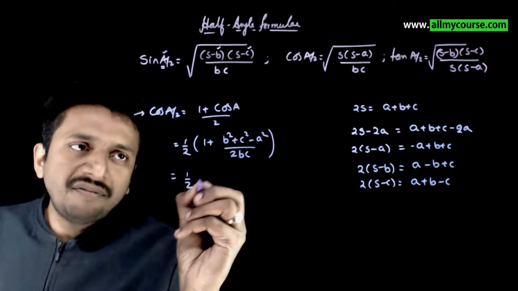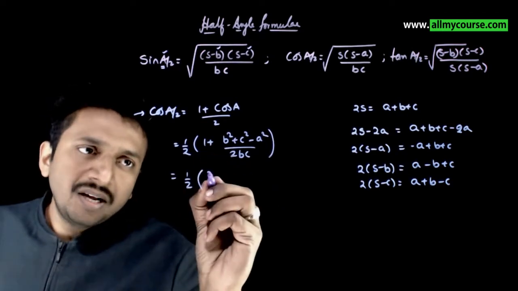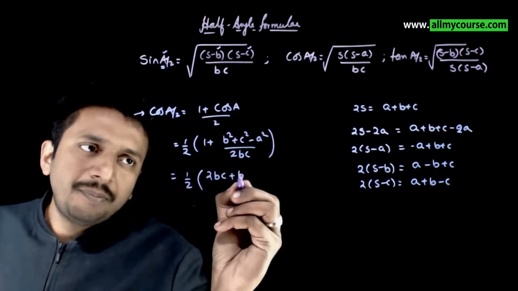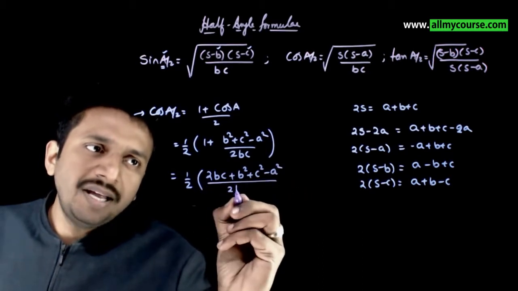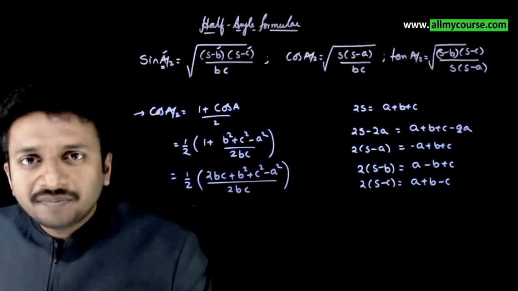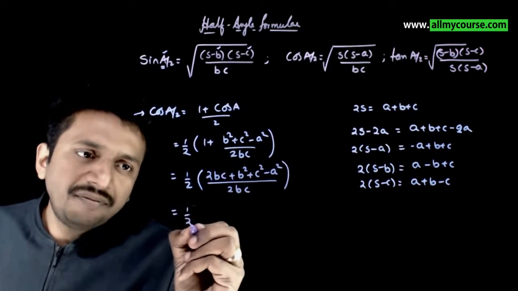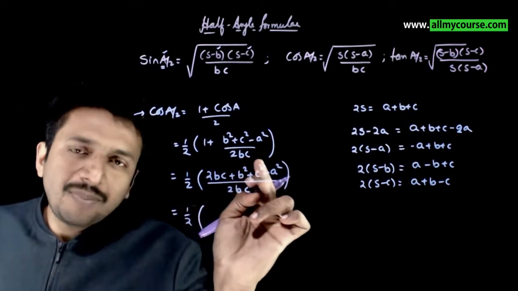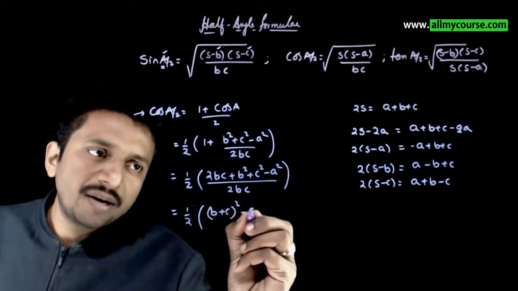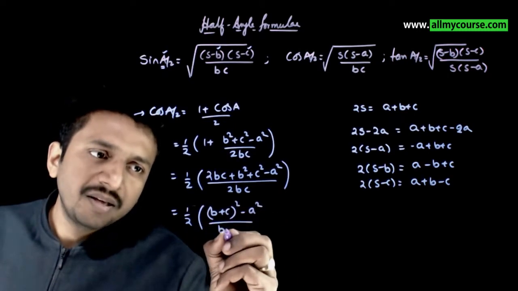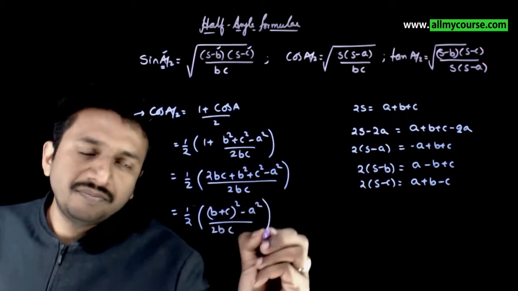That is equal to half times, if you take the LCM, (2BC plus B square plus C square minus A square) by 2BC. That is equal to half times, B square plus C square plus 2BC is (B plus C) whole square, minus A square by 2BC.